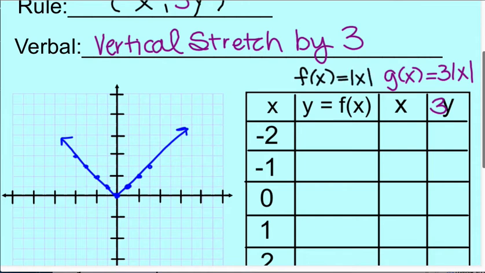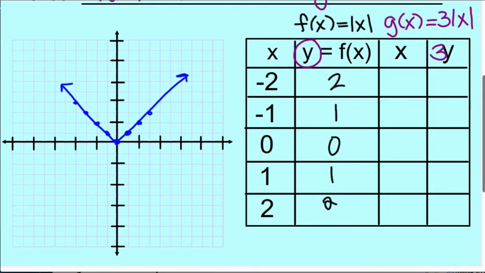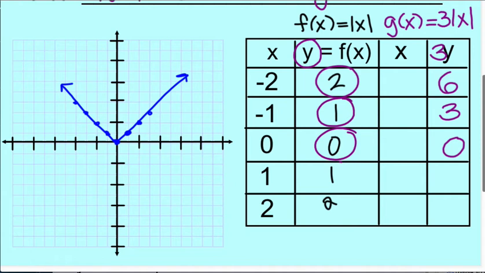When we evaluate it, we're going to get 2, 1, 0, 1, 2. All right, we are changing all of these y's by multiplying by 3. So 2 times 3 is 6. 1 times 3 is 3. 0 times 3 is 0. 1 times 3 is 3. 2 times 3 is 6.